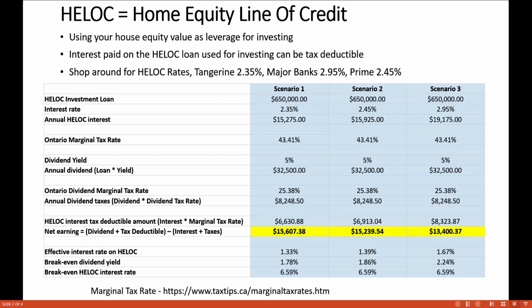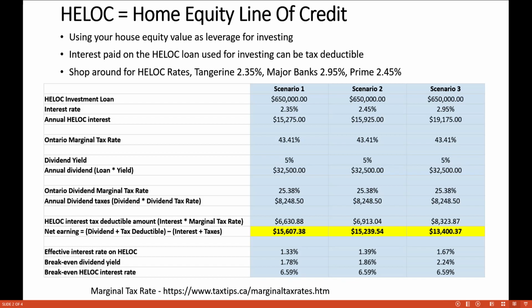Because of your HELOC tax deductible, your effective interest rate on this HELOC loan becomes 1.33%. Your break-even dividend yield would need to be 1.78%, meaning if your 5% dividend yield drops to 1.78%, then you break even.